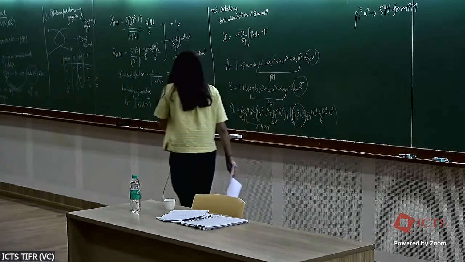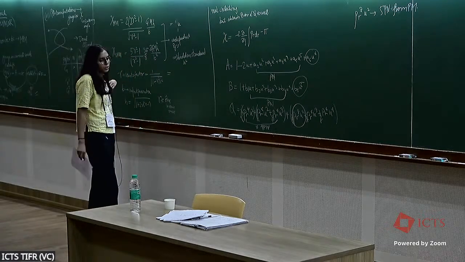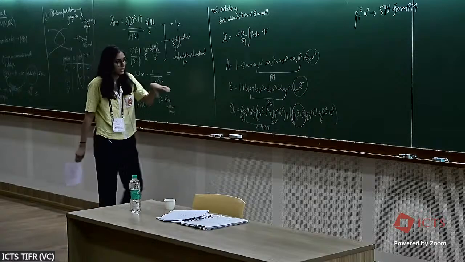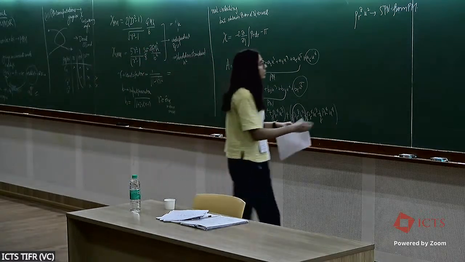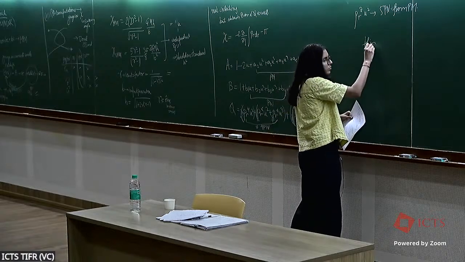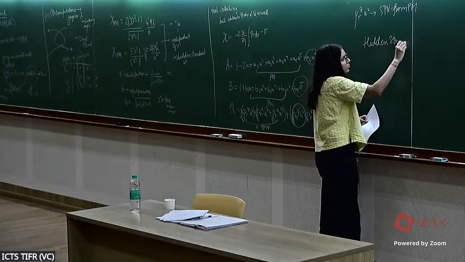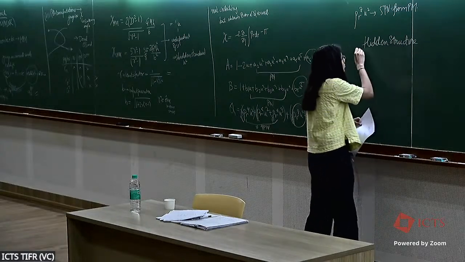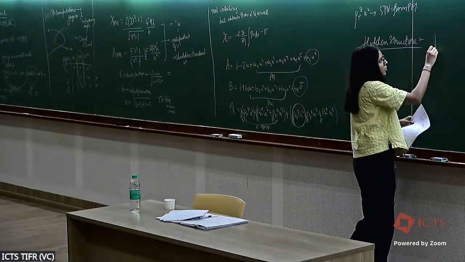So now I said that there has to be some hidden structure in this PM computation, and there is some hidden structure in this series as well. So what is this hidden structure? The hidden structure is called polynomiality.